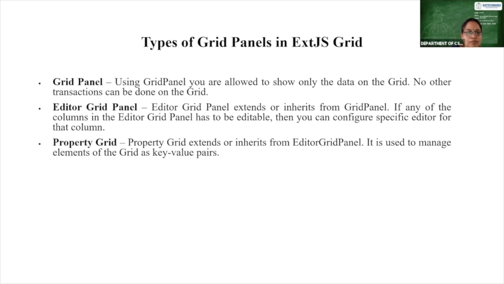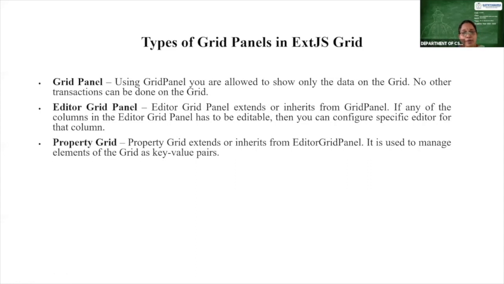Next one is the property grid. If you want to view only the data, you can make use of the first one. If you want to edit the data, then you can use the second one. In the property grid, the data will be managed as key value pairs. Key value, we have already studied in the second unit.